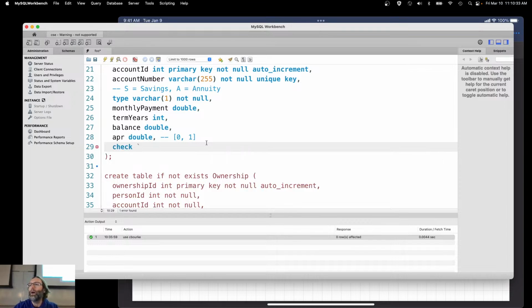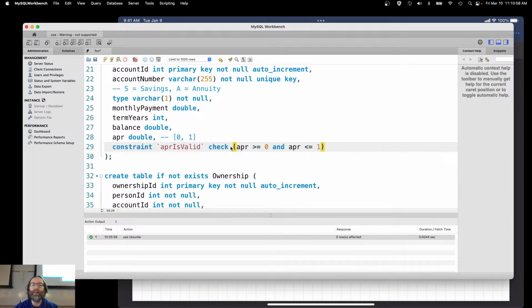Check, APR is valid, right? Constraint check, sorry. And here you can put in any logical statement that you want. That the APR is at least 0 and APR is at most 1.